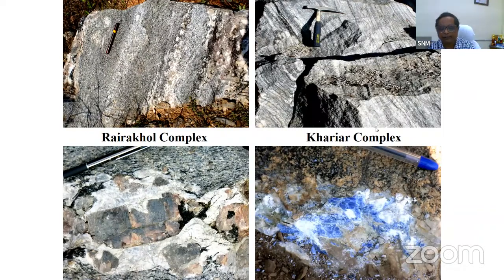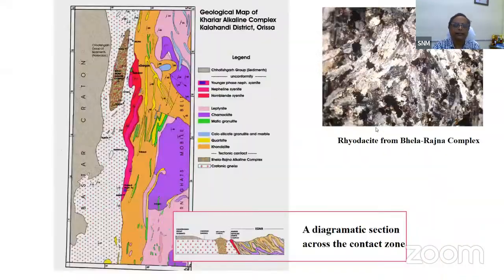The lower right is basically a gem quality sapphire, a blue sapphire associated with alkaline nepheline syenite, and this is the Koraput alkaline complex.